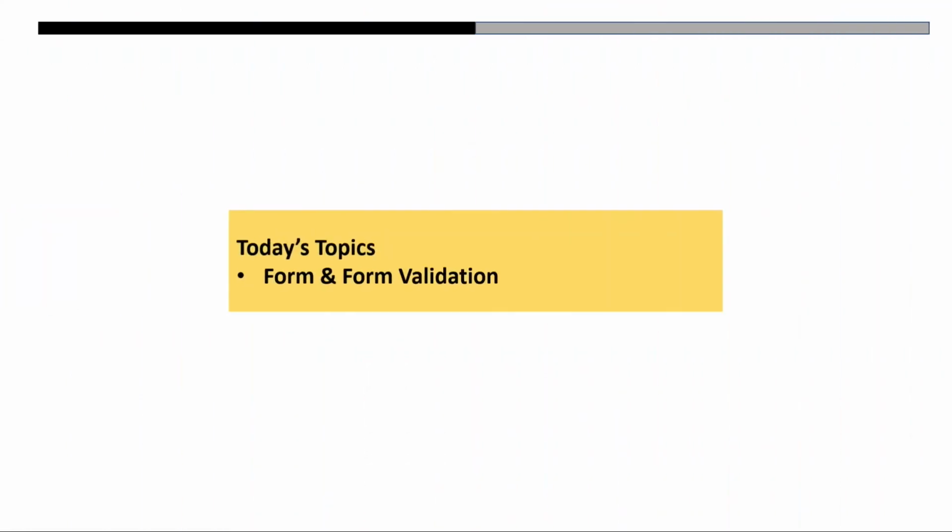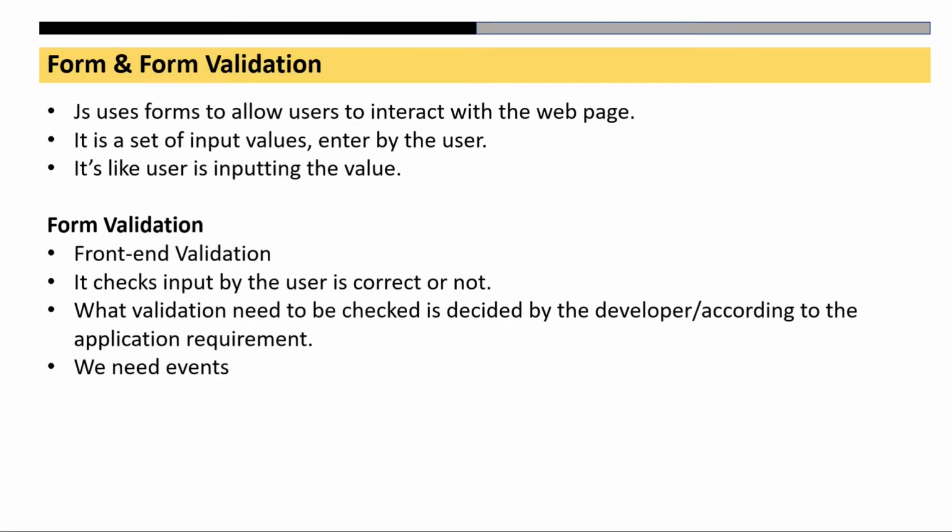Hello everyone. In today's video, we are going to start with forms and form validation in JavaScript. So JavaScript uses these HTML forms to allow users to interact with web pages. Forms are the only way users can interact with an application, even if I'm clicking on a button, even if I'm adding some data. For example, let's say I'm signing up into Amazon.